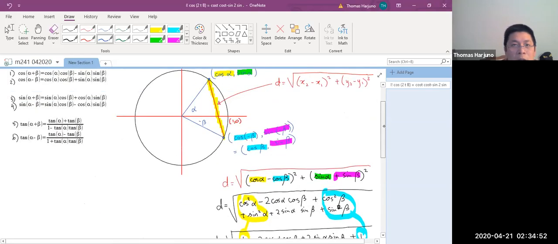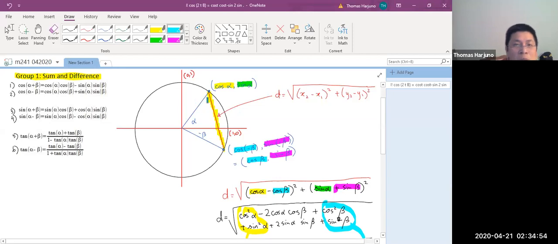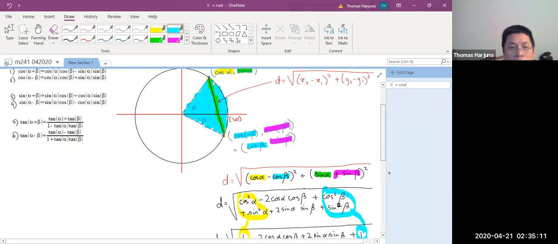Which sector, Thomas? I'm talking about this sector. I was talking about this sector here earlier. Imagine this pizza, I rotate that by angle beta counterclockwise. So now it looks like this.